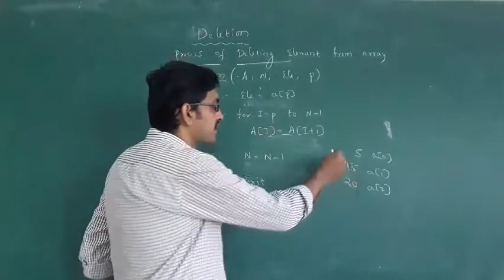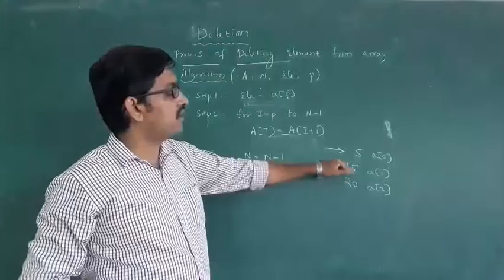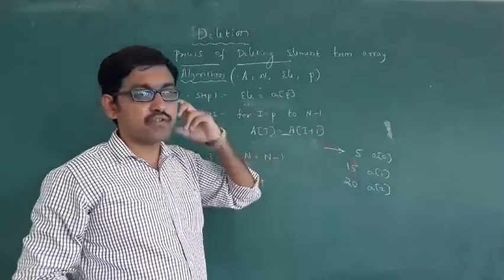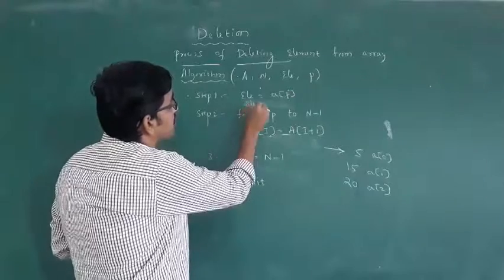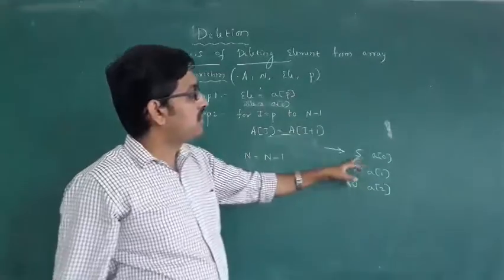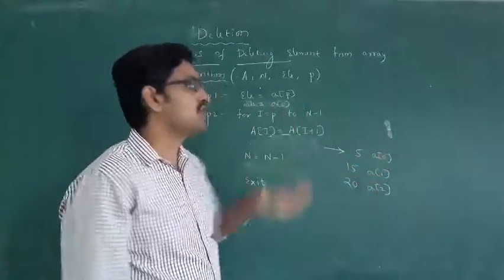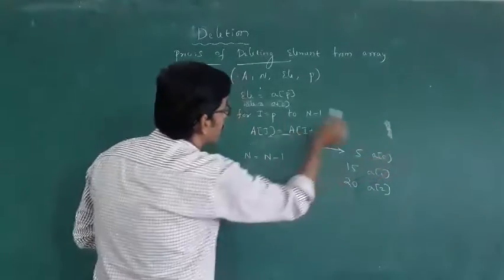I have to delete 5. See how to delete 5. As soon as 5 is deleted, what remains is 15, which comes here, and 20 comes here. Which position is the element to be deleted in? The 5 is stored in A of 0 position. Then for i equal to p, position is 0.